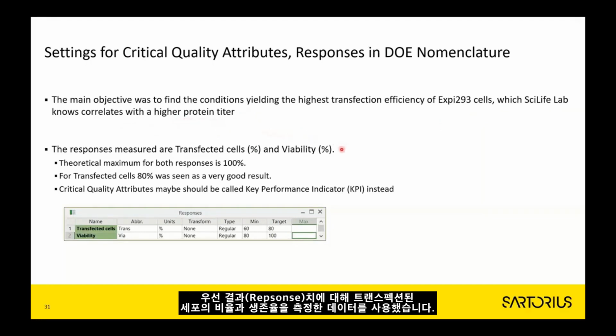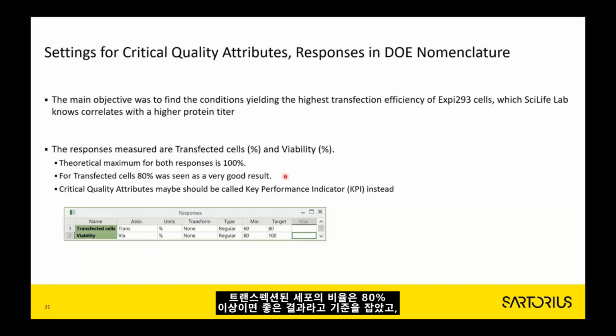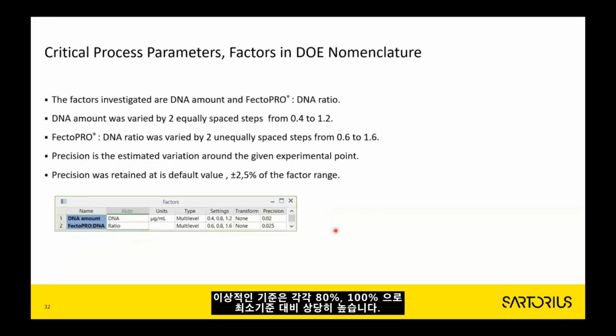So the responses that they measured, in percentage, were transfected cells and viability. And for the transfected cells response, 80% was seen as a very good result. And here you see the specifications that the transfected cells and viability should both be high, ideally 80% and 100%, above a certain corresponding minimum setting.